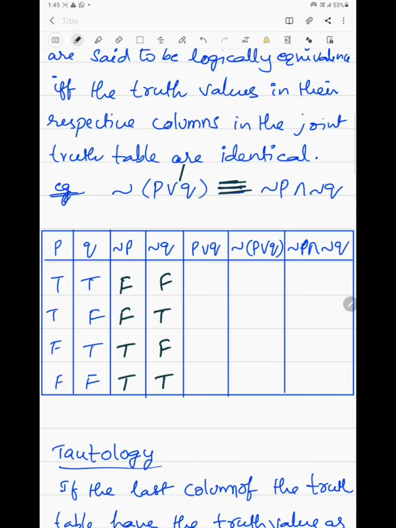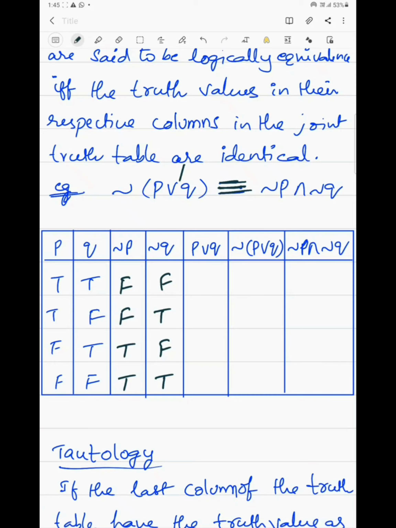Now, P and Q. What we learned for AND, what is the truth table for AND? T only when both are T, and the remaining cases are false.